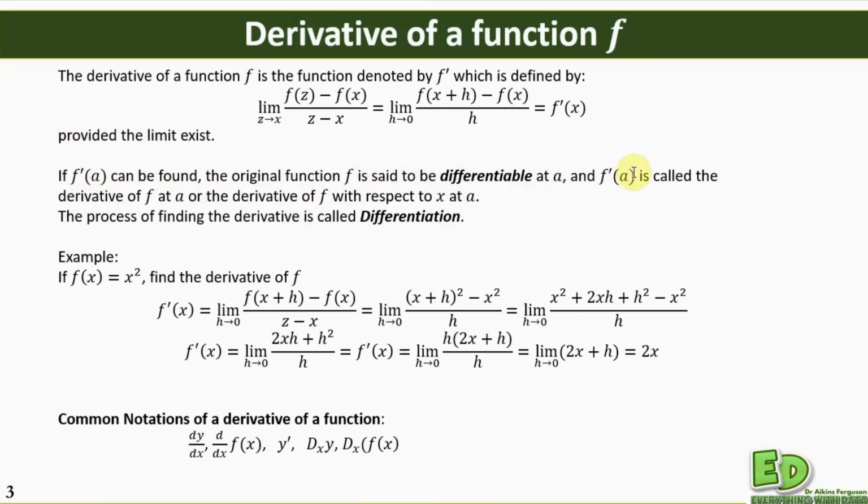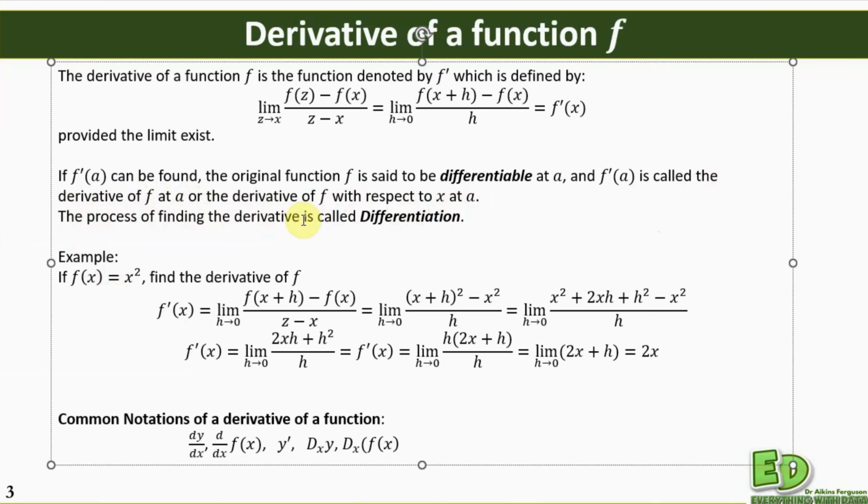And f prime of a is called the derivative of f at a, or the derivative of f with respect to x at a. Note, the process of finding the derivative of a function is called differentiation.